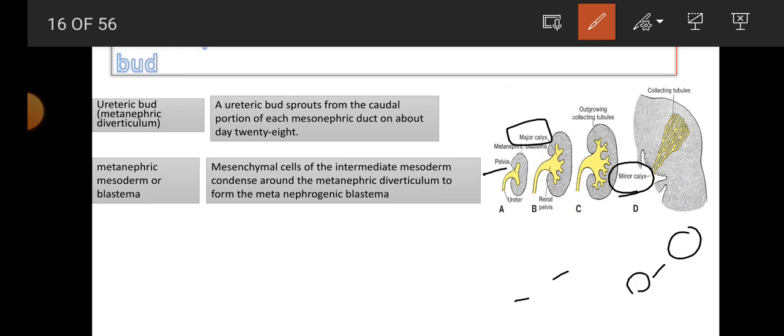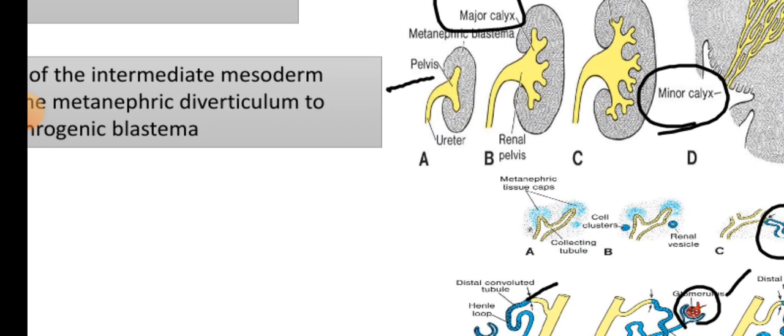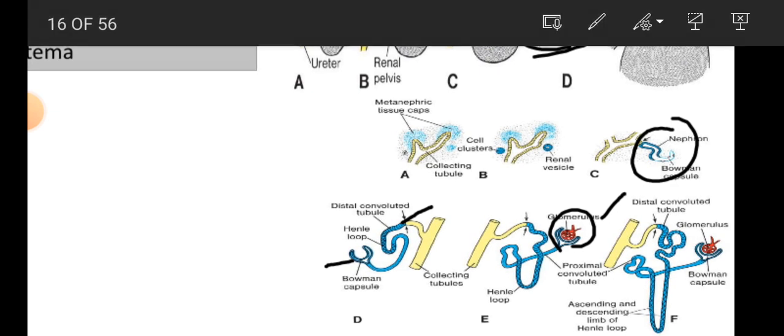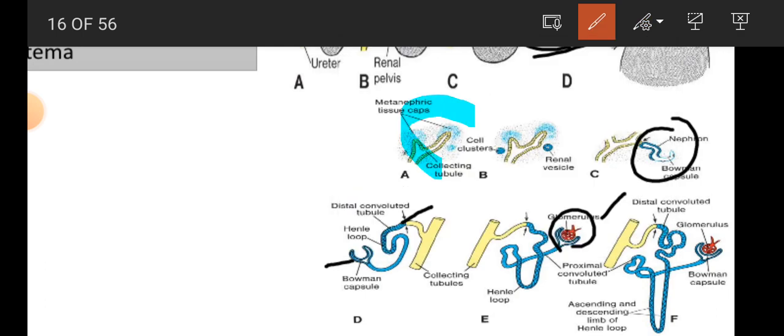So the ureteric bud contributes to the formation of the collecting system, whereas the excretory system is formed by the metanephric blastema. You can see a tuft of cells as a cap. It surrounds the tube. These cells undergo elongation as an S shape. They take the glomerulus, they take the blood supply, and they start differentiating as glomerulus.